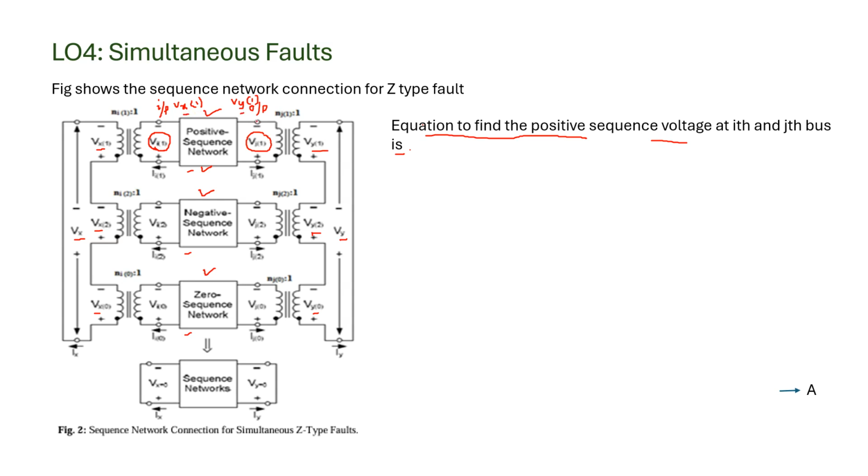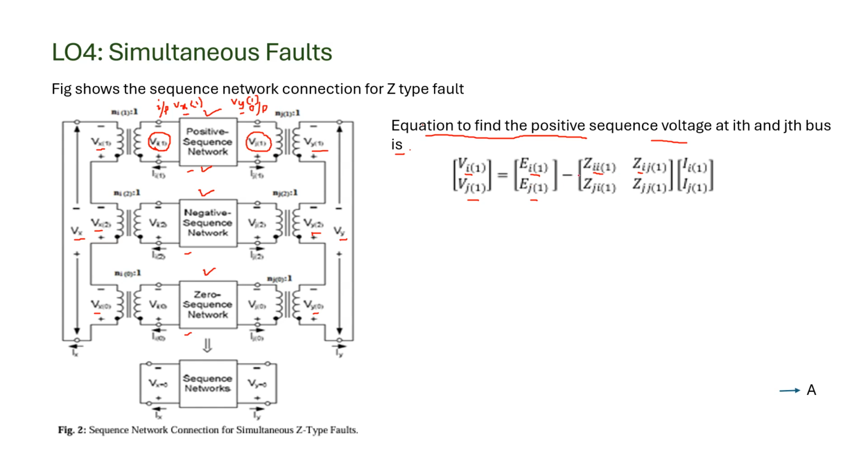Now what is the equation? The equation is [Vi1; Vj1] equal to [Ei1; Ej1] minus Z, where Zii1 is the input impedance of the network seen from the fault point X, and this is the transfer impedance between the two fault locations X and Y.